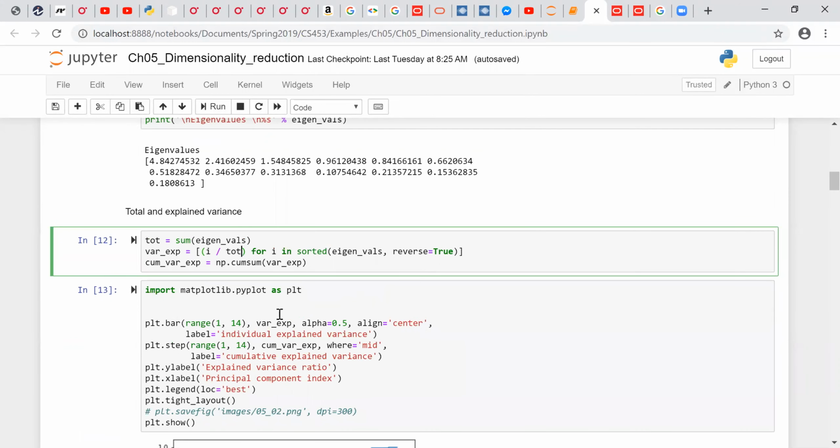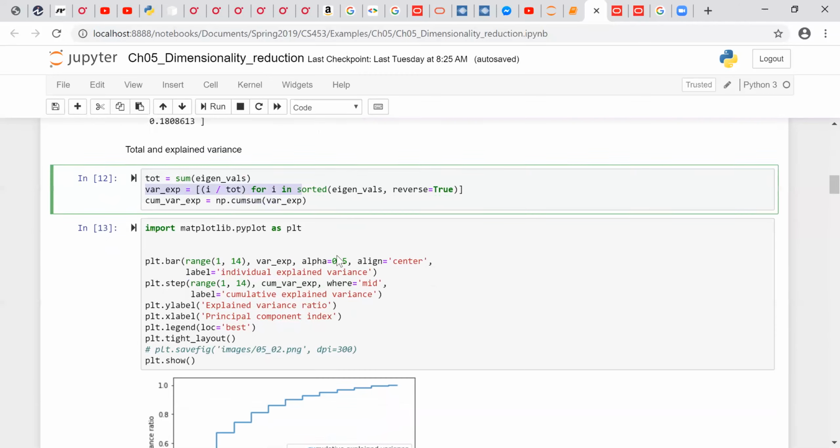The next part shows the total explained variance. Here you find the cumulative sum of the variance, and it does the sorting of the eigenvalues.